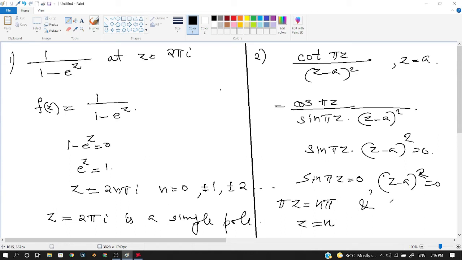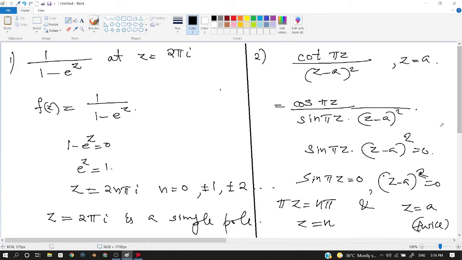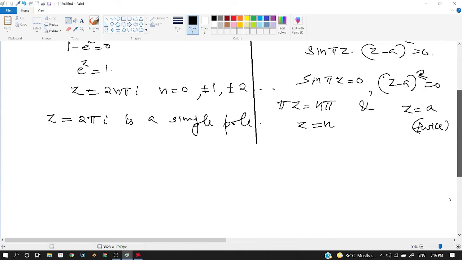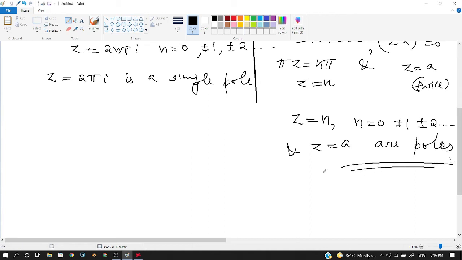And here you have z equal to a twice. So the possible values are z equal to n, where n equal to 0, plus or minus 1, plus or minus 2, etc., and z equal to a, which are the poles.